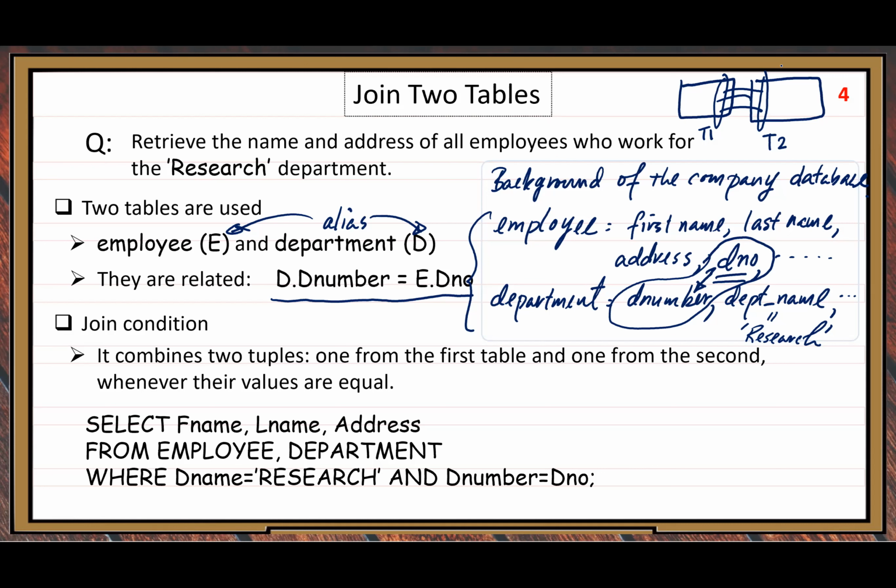At this point, the alias concept has not been introduced. It is delayed, and we will discuss aliases later. From employee and department. Actually, employee is not necessarily capitalized. Table names do not need to be.